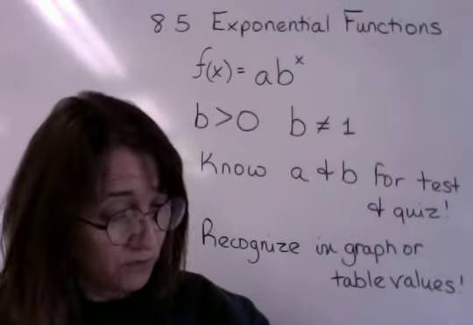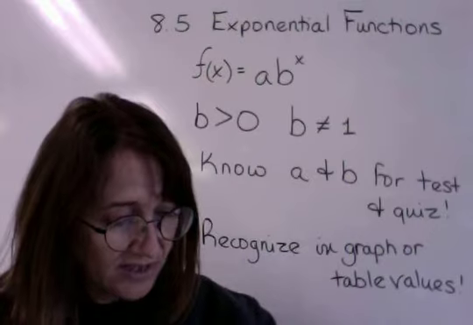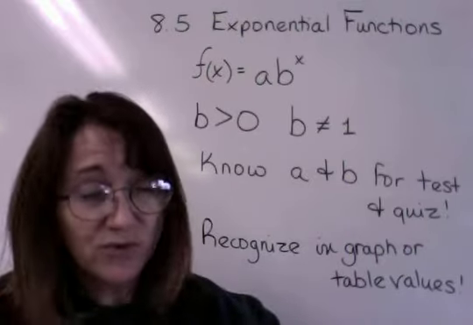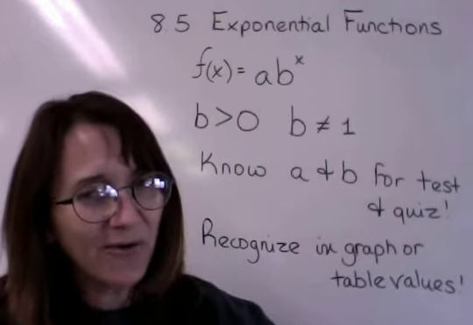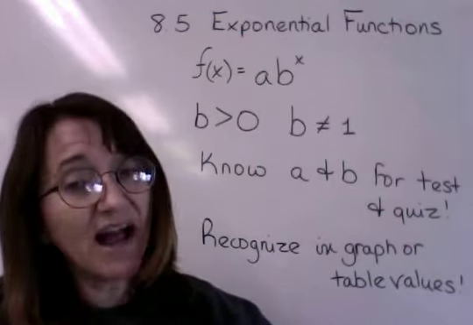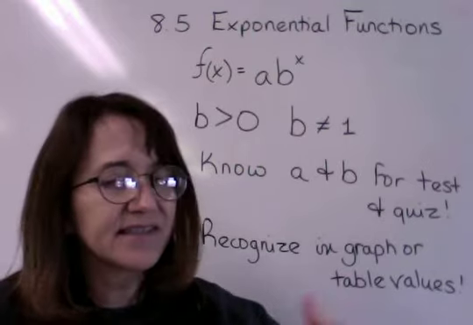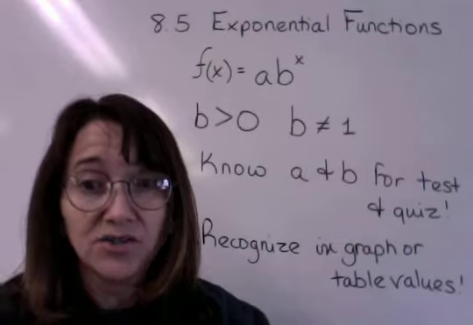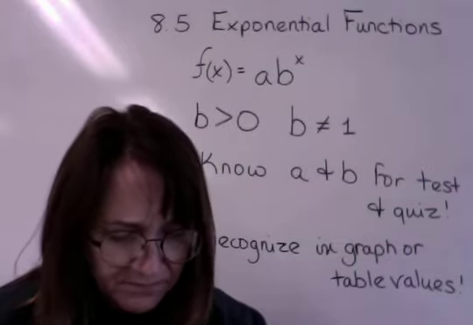So look at example 1: y equals 2^x, that's an increase. If it's y equals (1/2)^x, that's a decrease. It could be a different number or a different fraction. You just need to remember that.